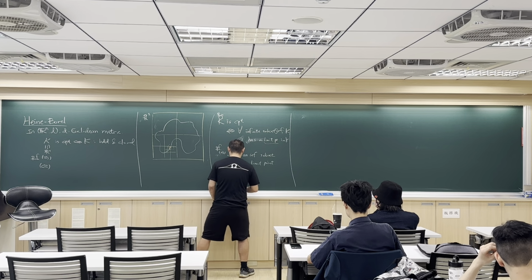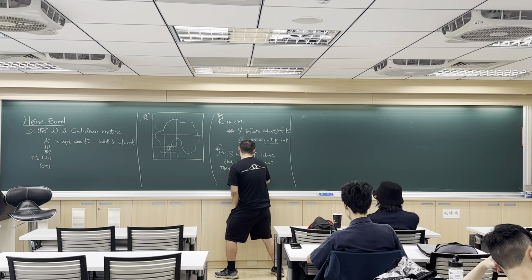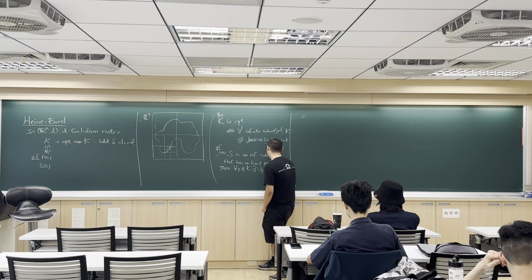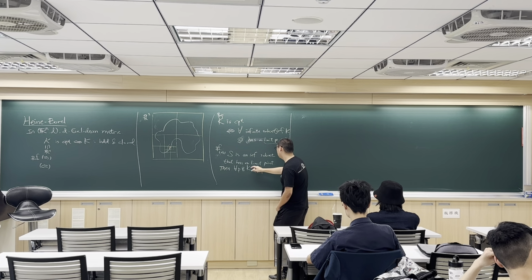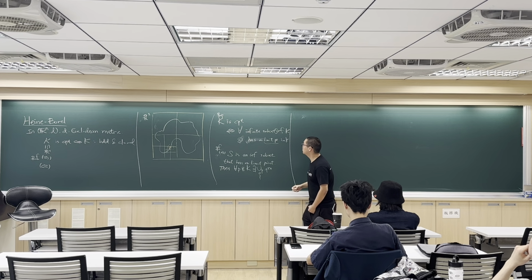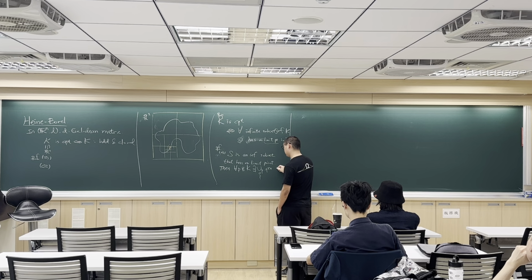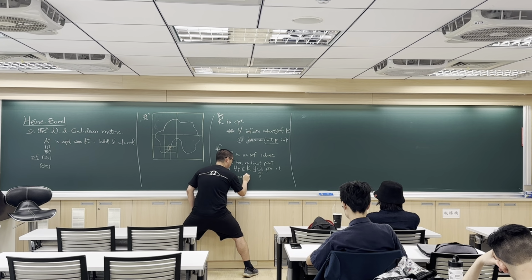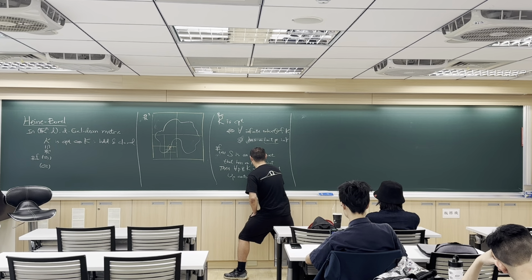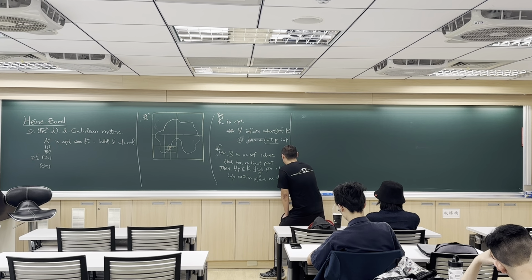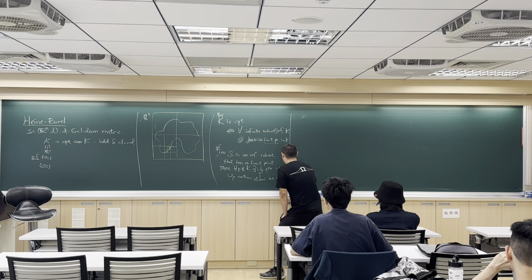Then for all P in K, there exists some UP, where P belongs to it, open, such that UP contains at most one element in S.